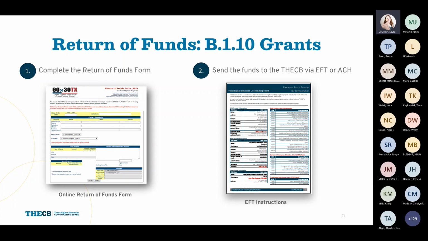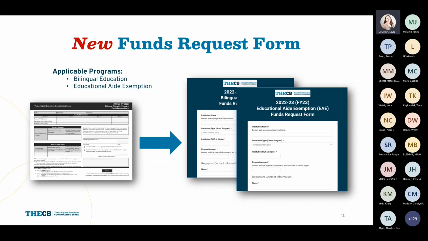All right, so from there, we've talked about grants, and we've talked about their request and the return of grants. Now let's talk about some of the special programs: the bilingual education program and the educational aid exemption program.